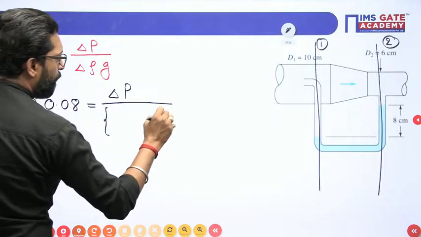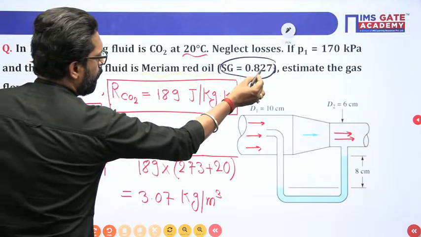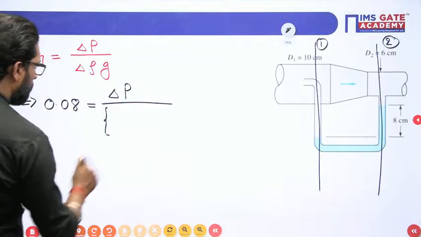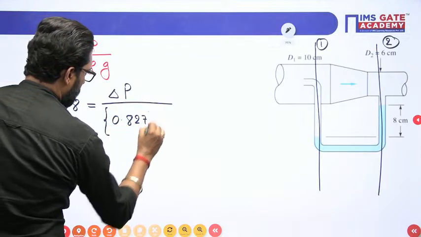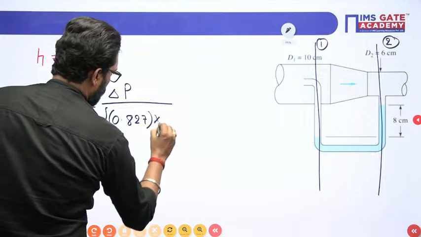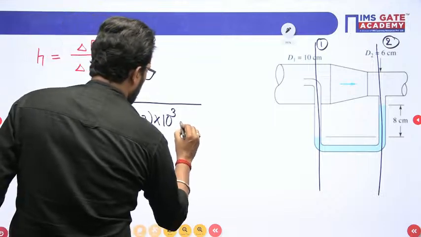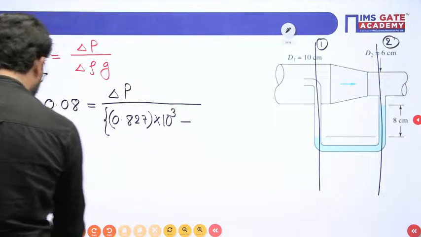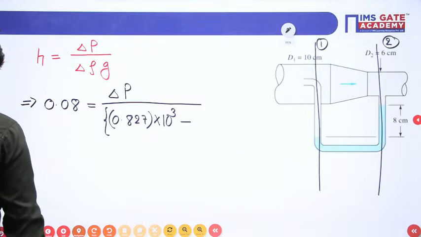So density of oil, how much? 0.827 into density of water, 10 to the power 3. So this is density of oil minus density of carbon dioxide, 3.07.